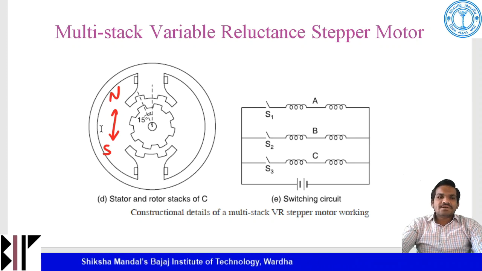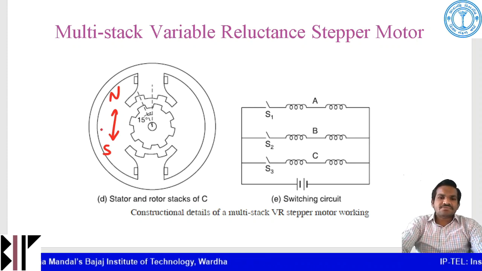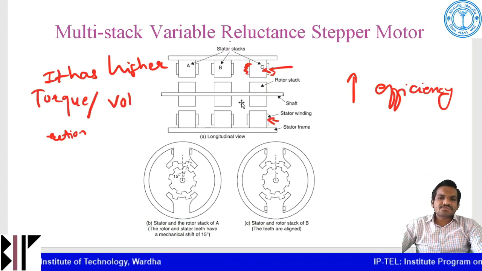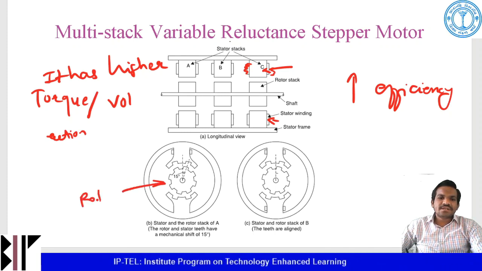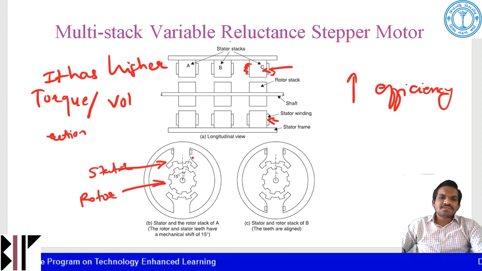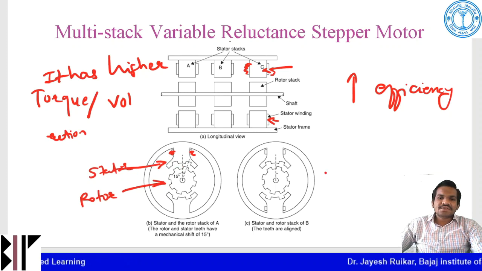Usually when you see this diagram, the stator has teeth, as well as the rotor has teeth. This is the rotor, and this is your stator. This is the winding of the stator, and it has teeth.